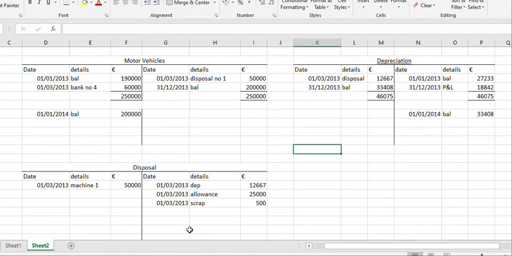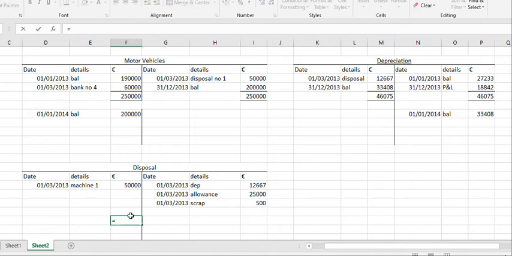With the disposal account, what we do here, again, we balance this account to find out did we make a profit or a loss on the disposal, and then we will start from scratch in 2014. There'll be no balance carried down. So again, we add up both sides and we find out whichever side is bigger.